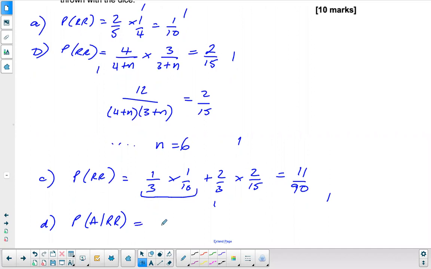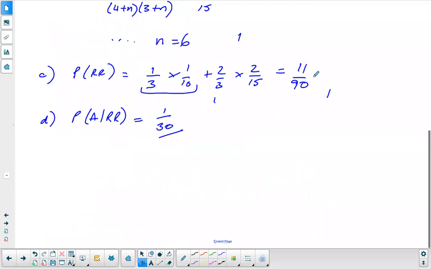So it's 1 out of 30 divided by the probability of getting 2 reds at all, which is 11 out of 90, which gives you the final answer, 3 divided by 11. That I think takes a little bit of thinking about. So 1 for setting that up, 1 for using the right numbers, and 1 for the final answer.